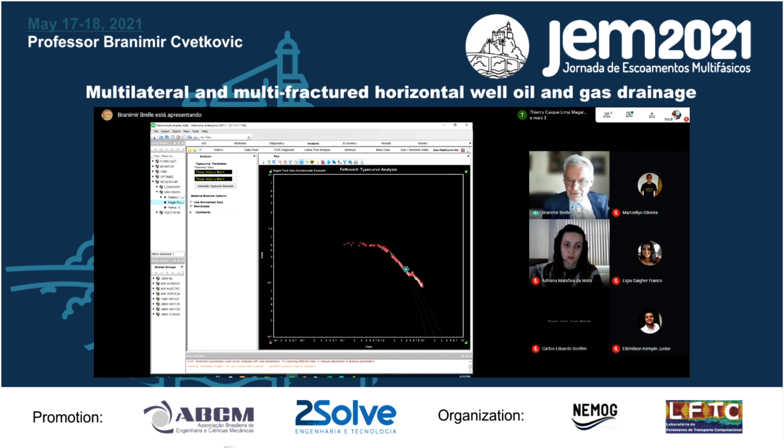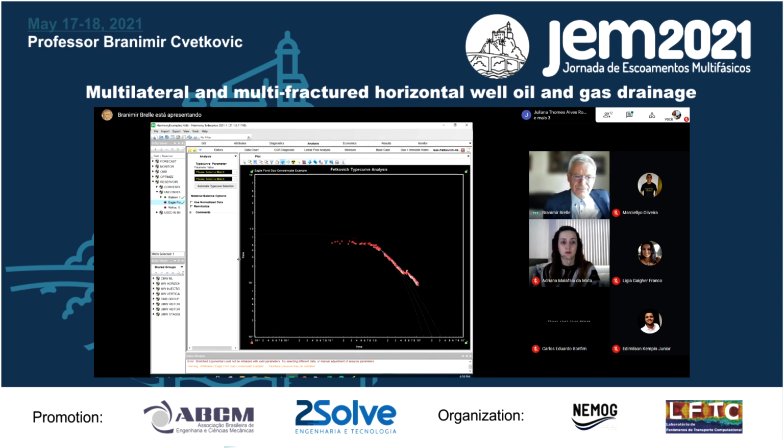In this Fetkovich type curve, I have a certain decline, which is a very subjective interpretation. I don't think two people will have the same interpretation, but it is always very good to have. Today, this software allows you to have another person, your boss, looking at your screen; you make the interpretation, he approves it, and then we go further.